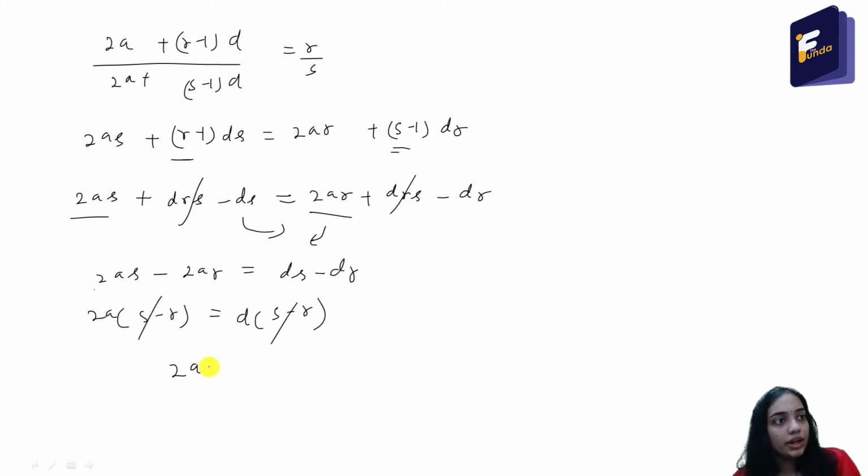So 2a equal to d. This is an important thing that we learned about the AP: from the condition we learned that 2a equal to d in that AP.